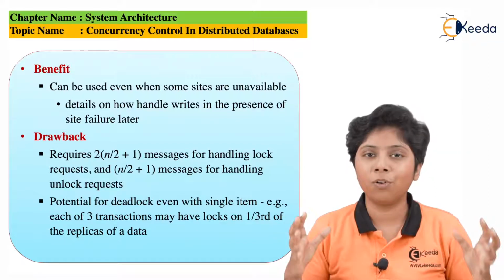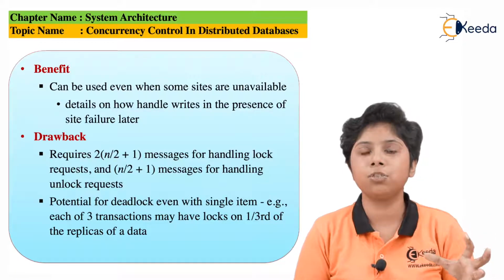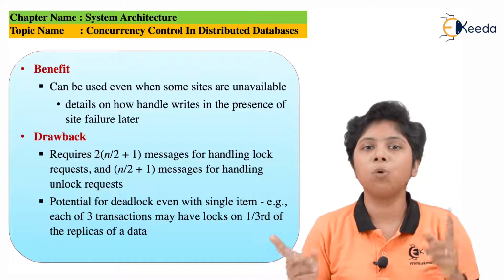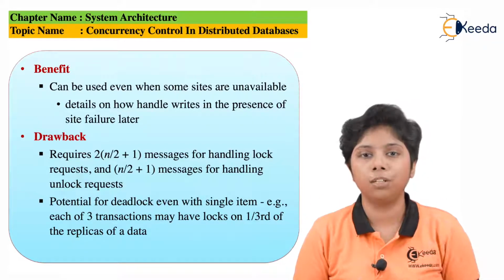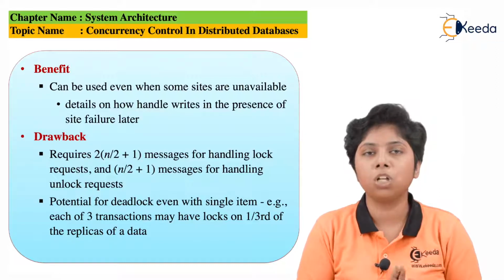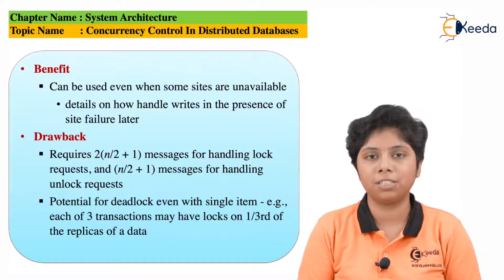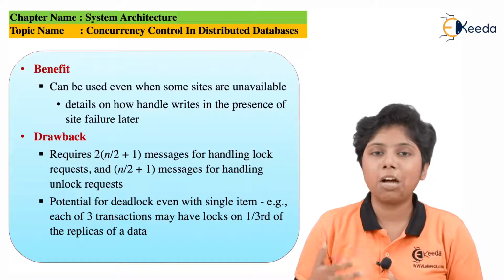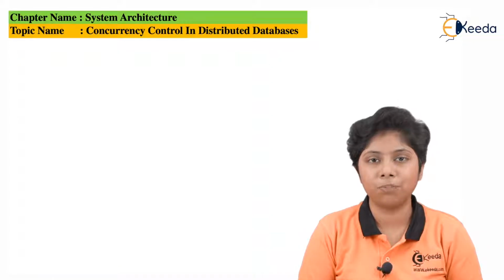Now if there are only 4 replicas present, and one has these 2, the other has the other 2, both of the transactions are waiting for the third one that belongs to the other one. So in this situation, the majority protocol goes into a deadlock, which is a very common scenario for this type of protocol. Now to remove this kind of problem, we will introduce the next section of the protocol.